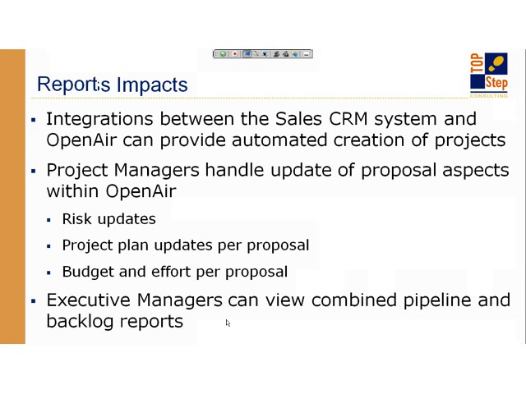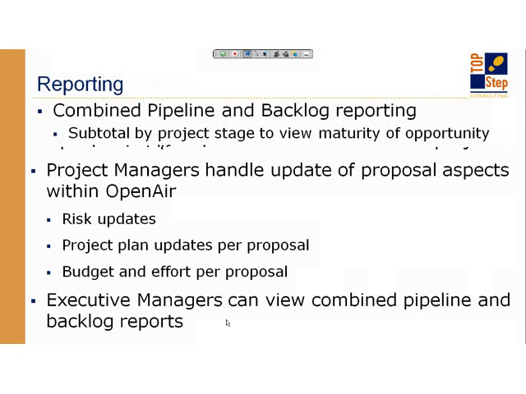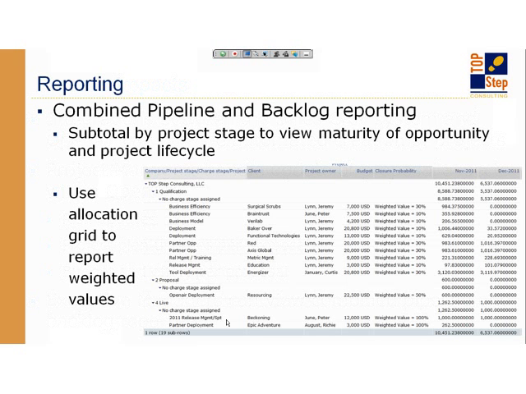Reporting is the big thing. Reporting is one of the main drivers for tracking proposals earlier into OpenAir, although there are many other benefits as far as knowledge transfer and handoff between the organizations. But reporting is one of the key ones. And as you can see here, even by identifying the different project stages in a report, it's very easy to group information according to maturity of the engagement.